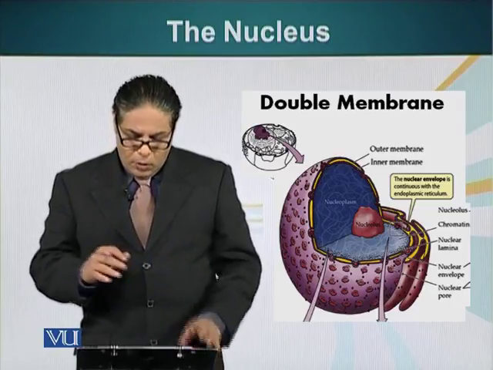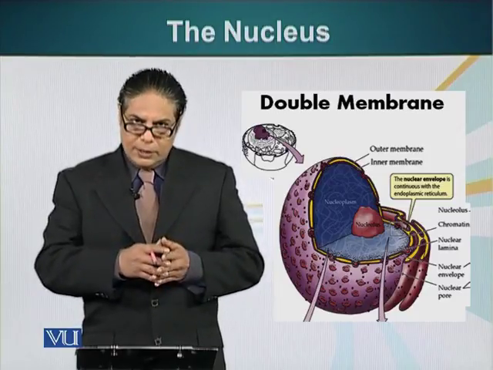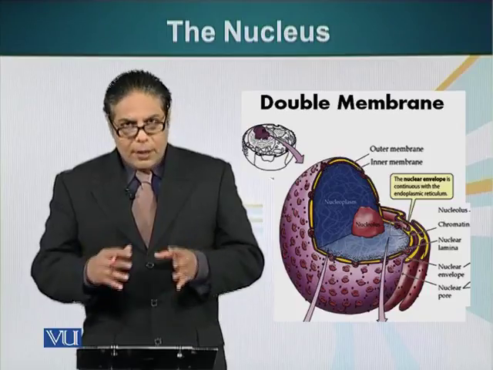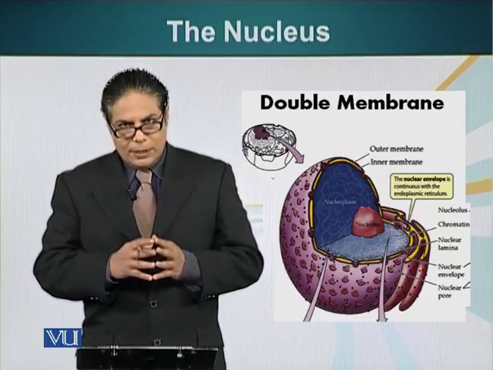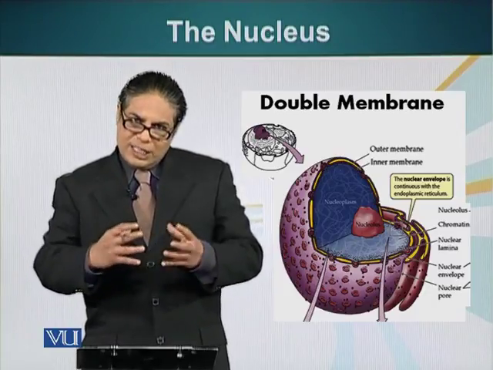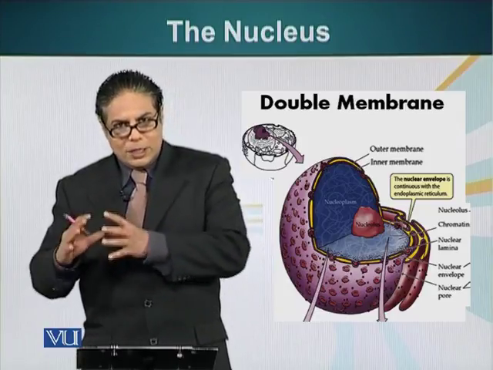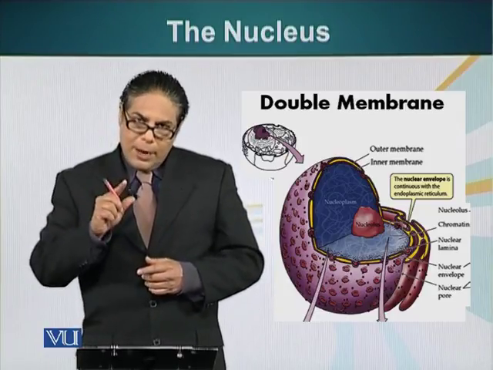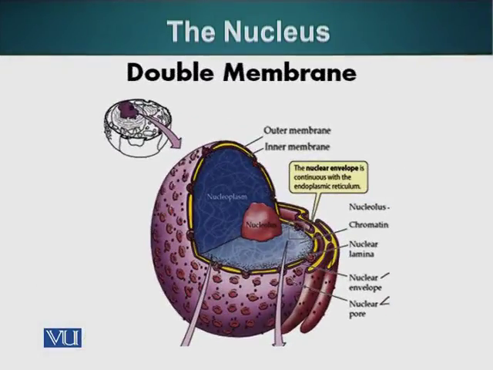These nuclear pores also have to allow different material to go inside the nucleus. For example, ribosomes, when they're assembled inside the nucleus, the protein has to move into the nucleus where it is assembled into the ribosome, and then that ribosome is expelled out of the nucleus. The place where ribosomes are assembled is called the nucleolus.